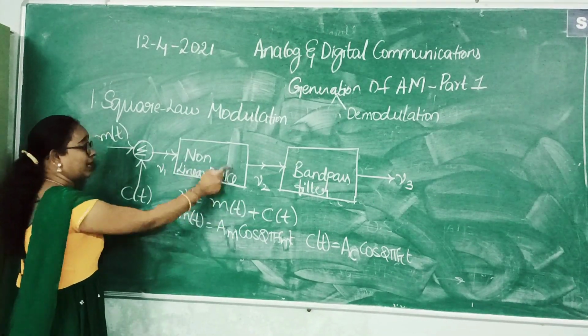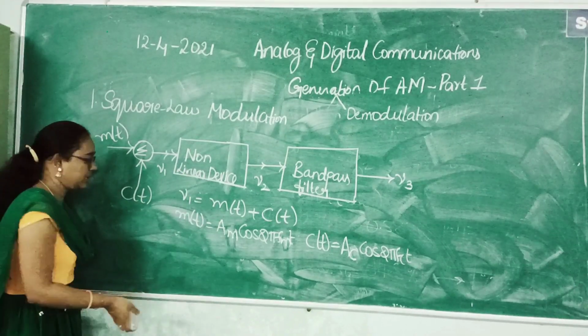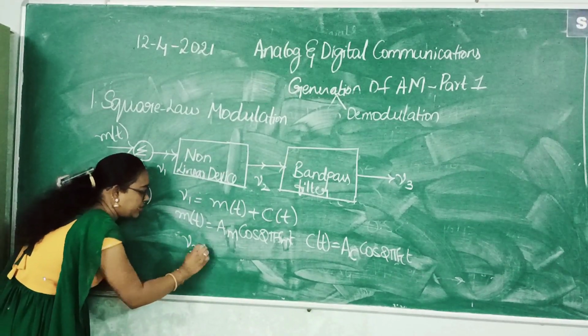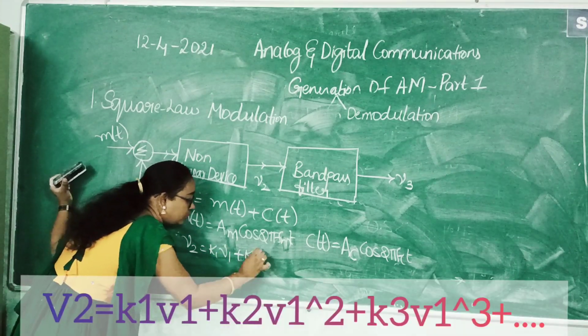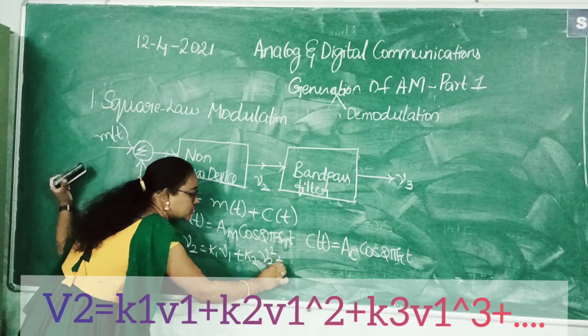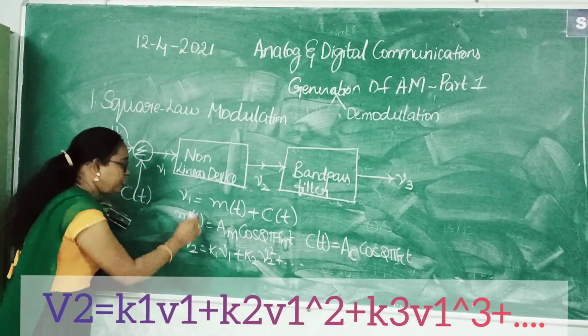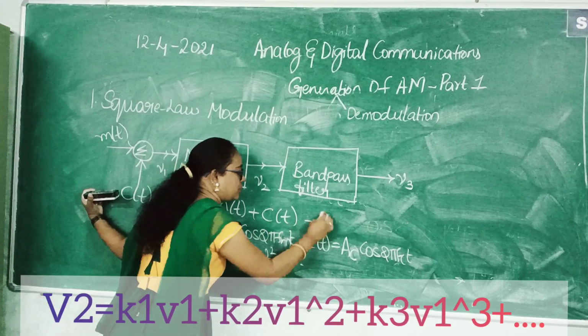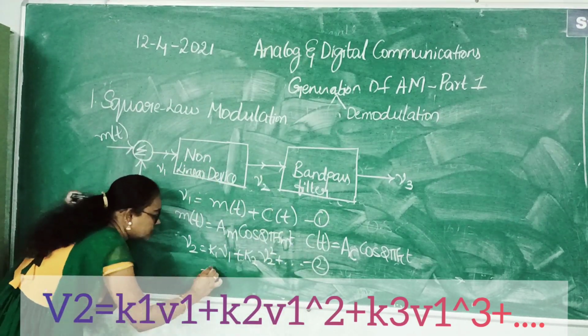V2 is the output of the non-linear device. So how will the non-linear equation be? V2 is K1 V1 plus K2 V1 square plus K3 V1 cube and so on. Now if we substitute equation 1 into equation 2, what are we going to get?